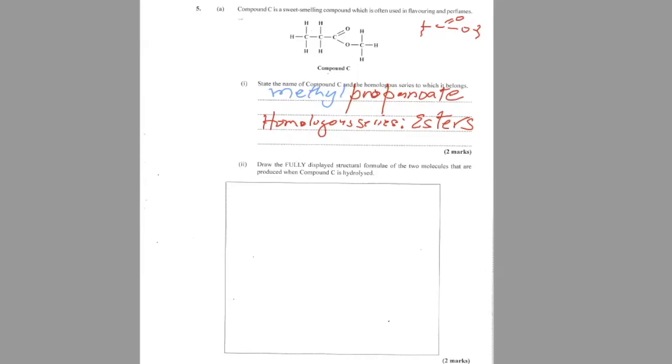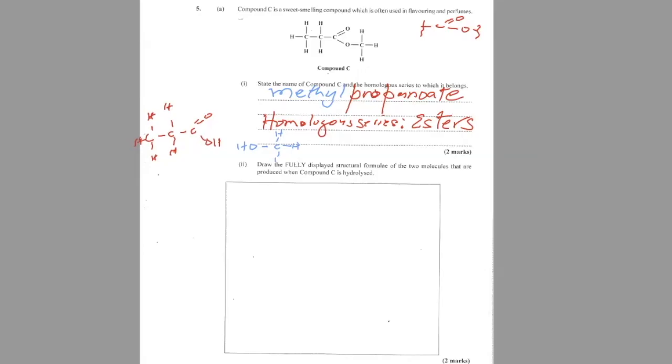All right, so we're going to draw propanoic acid. So propanoic acid is CH3CH2COOH. Let's put on the hydrogens. So that's propanoic acid, in red. And we're going to draw methanol beside it, in blue. We'll put the OH part of methanol at the front, and we'll have the other part of the molecule, CH3OH.